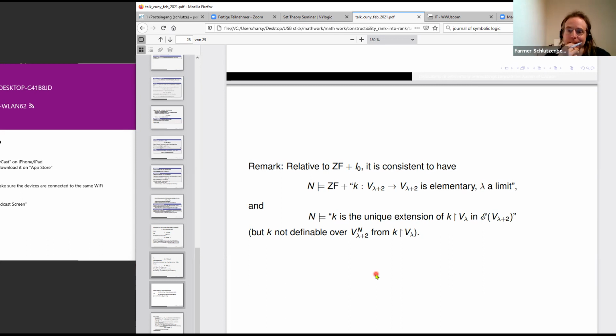But there's also the analogy here: under determinacy, we get the hierarchy of the sets of reals under the Wadge complexity. That sort of thing could also have analogs here, with V lambda plus 1 replacing the reals and V lambda plus 2 replacing the power set of reals.